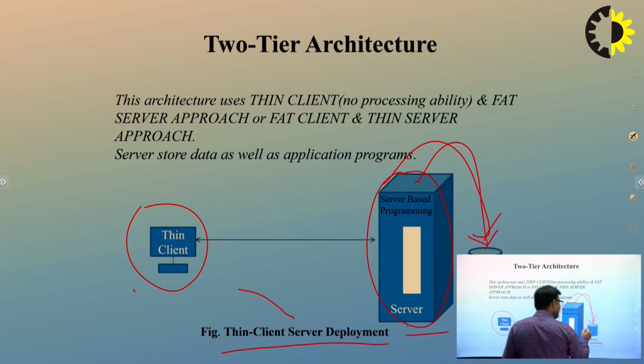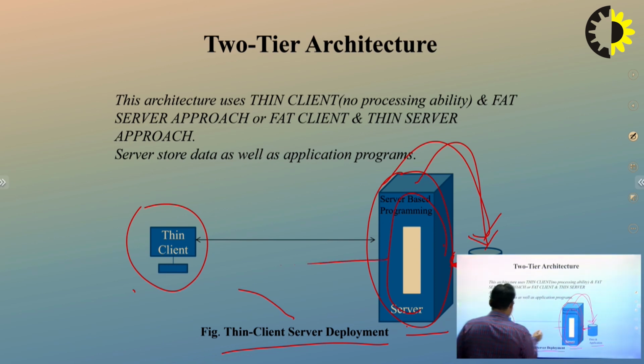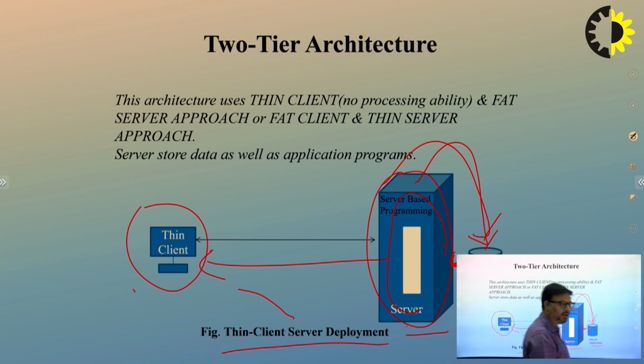The database provides the information related to the request of the client, and the server sends the response to the client. This process is called the thin client server deployment process.